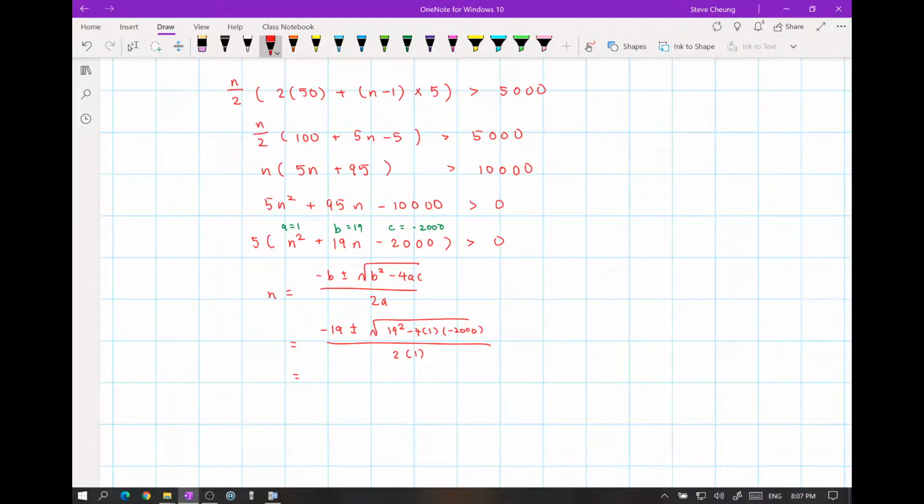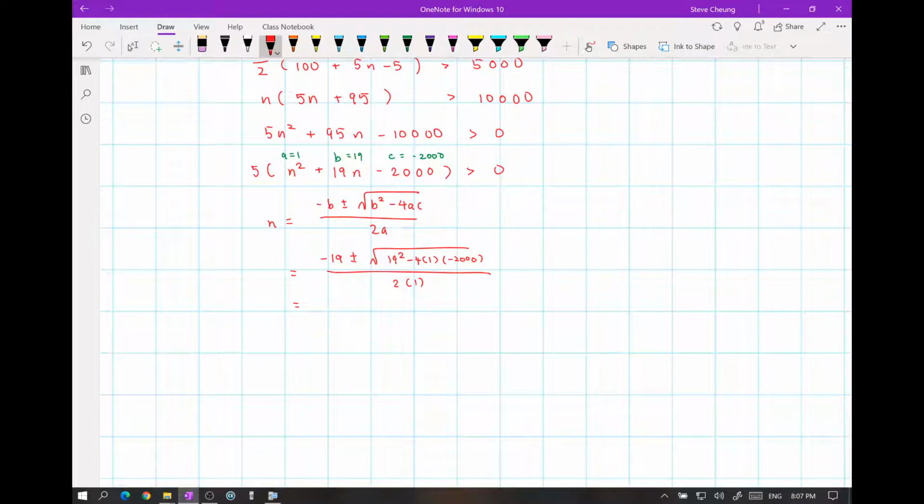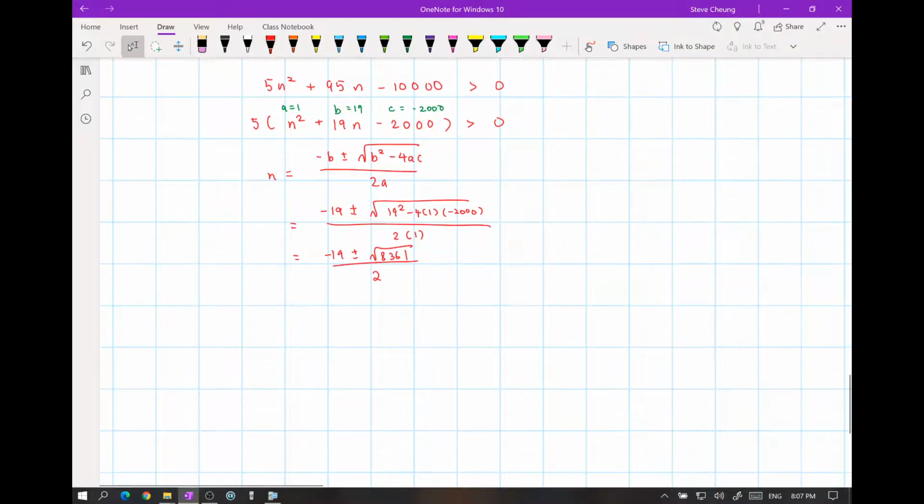So I have this to be that. So the two answers will be either this, which I actually don't care about. I know that's a negative number, or this here.